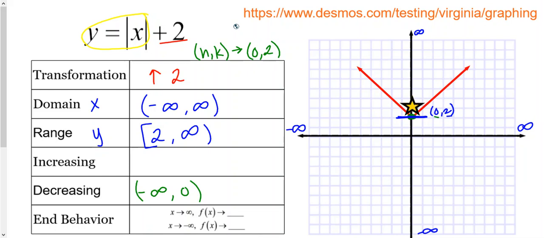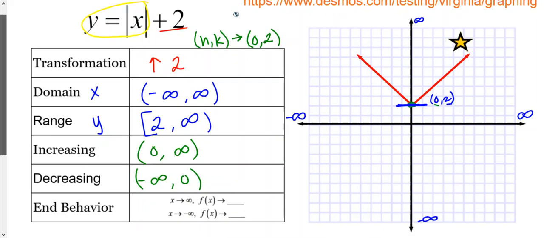Okay, so now the star is at 0. To go on the other side, it's going up the roller coaster. So it is increasing from 0 to the other side of the graph, which is positive infinity. I know increasing and decreasing is tough to get at first, but we're going to keep practicing with it.